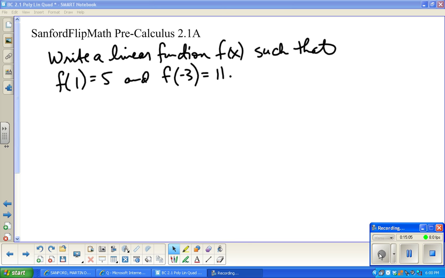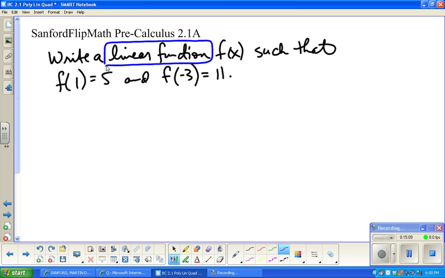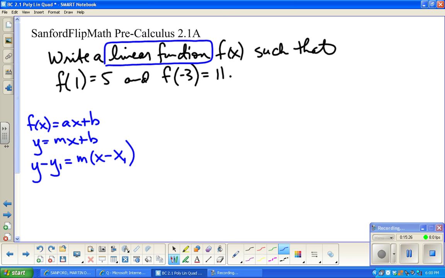So the question is, what's a linear function? Well, we already discussed that it's a function that could look like this, also known as this. You could write it like this, and there's a but coming. The but is, if I'm specifying that I'm going to write f of x, then in the end I don't really want to write y.